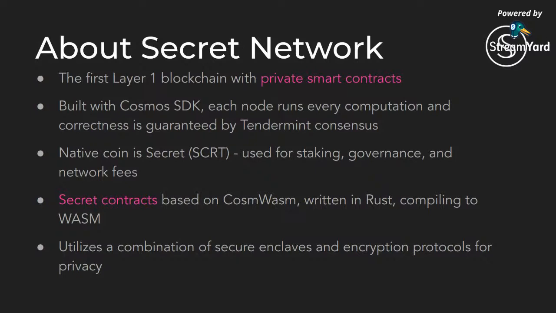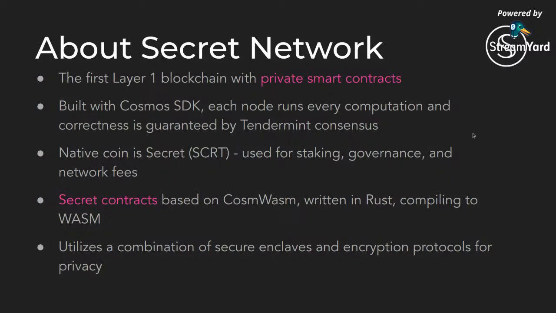This is the first layer 1 blockchain with private smart contracts, which we call secret contracts. It is built on top of Cosmos SDK, which is why we are here today. Each node runs every computation, even the private, the encrypted ones. And of course, we work on top of the Tendermint consensus algorithm, goes without saying.